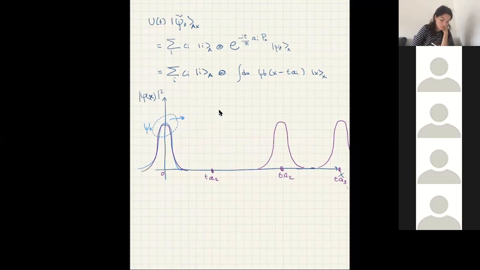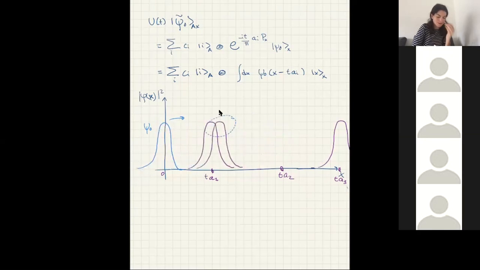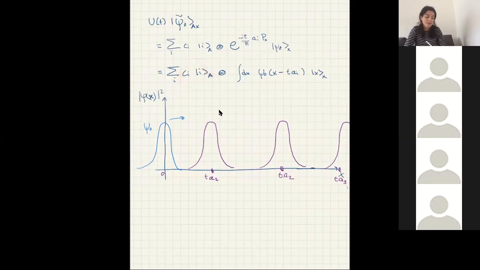We start with the wave function over there, and then as time evolves, it moves in a way that you end up with all these different peaks, such that if you measure the peak, the peak is perfectly correlated with what the spin, or the value that you want to observe, is.